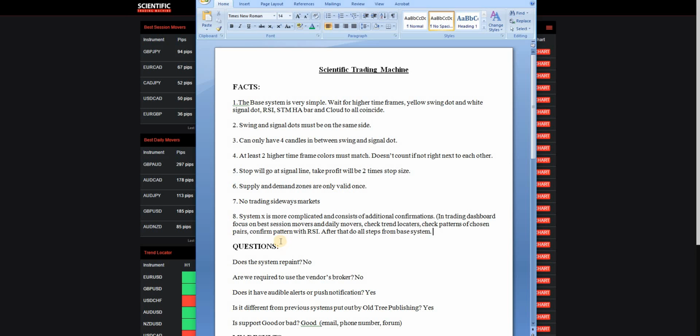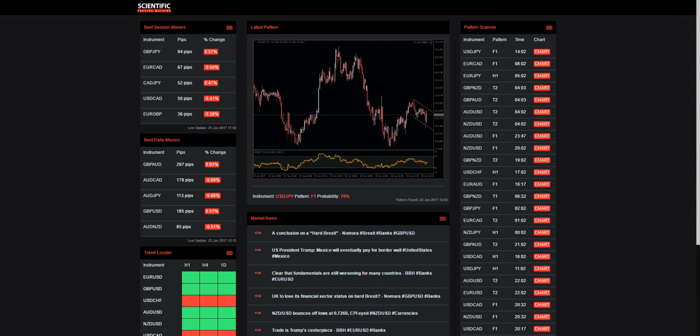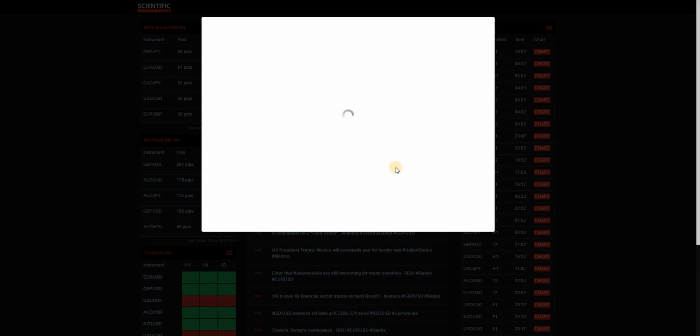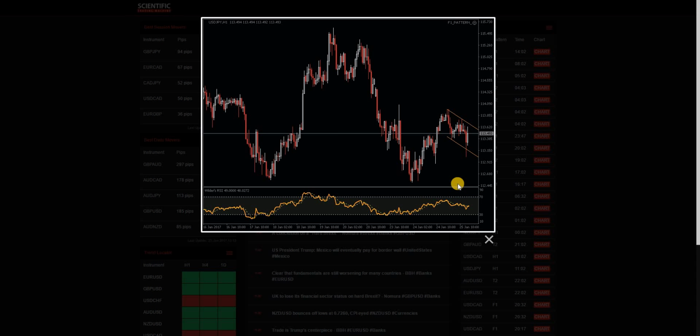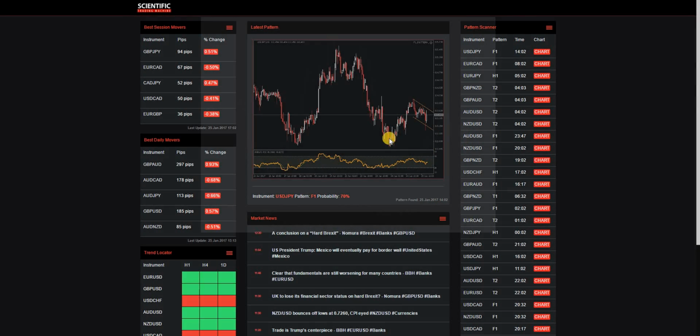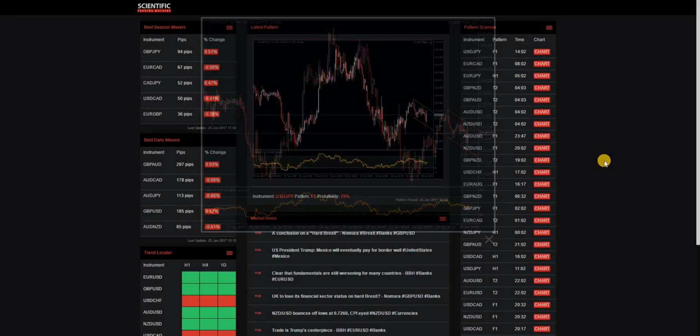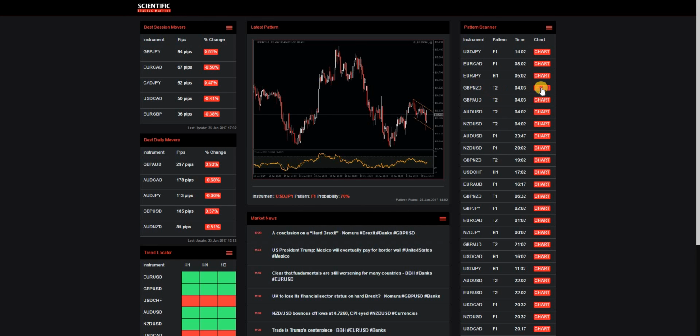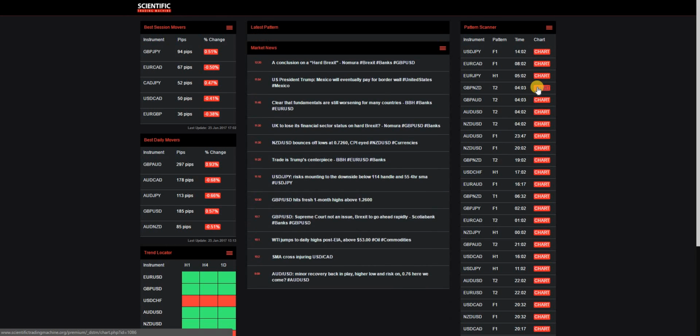All right, next you're going to want to confirm the pattern with the RSI. And they do talk about all of this in one of the webinars and also in a PDF file that they give us as well. So this is what is this called here? The pattern scanner. This is what the patterns actually look like here. And all you have to do is basically choose whichever currency pair you want to see.